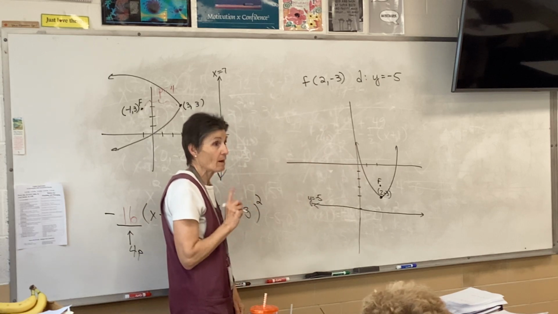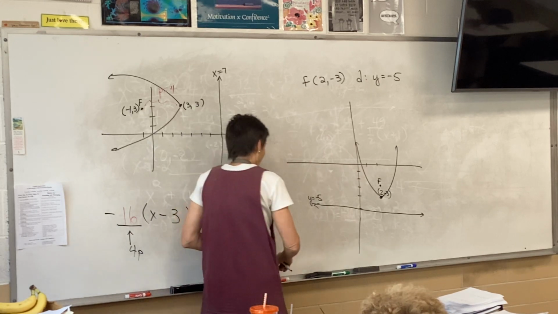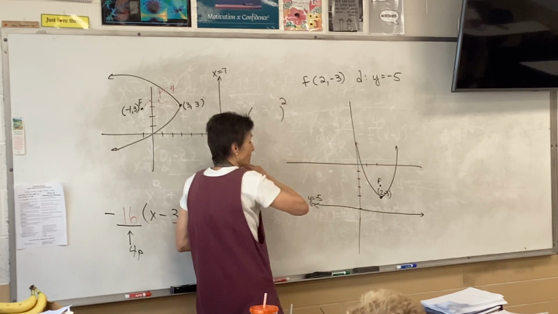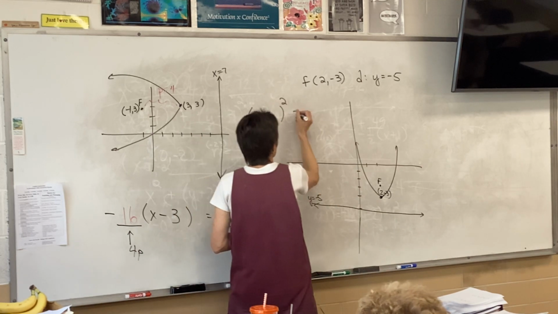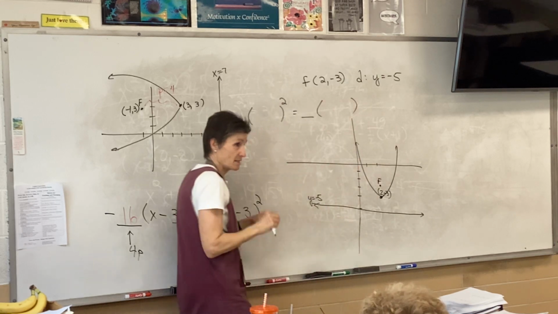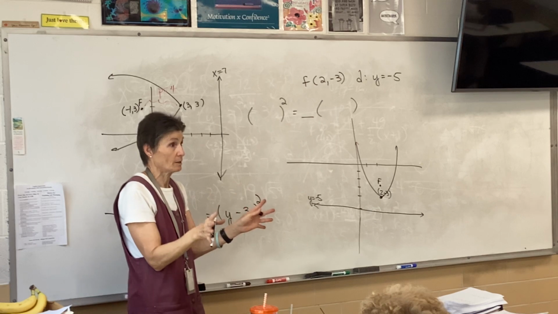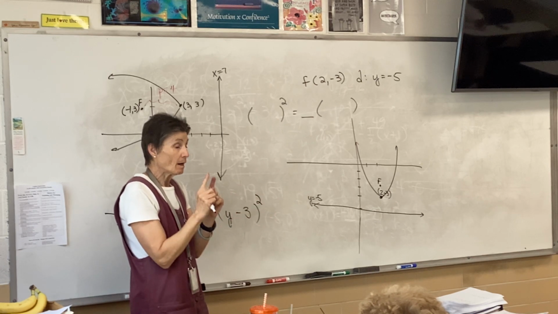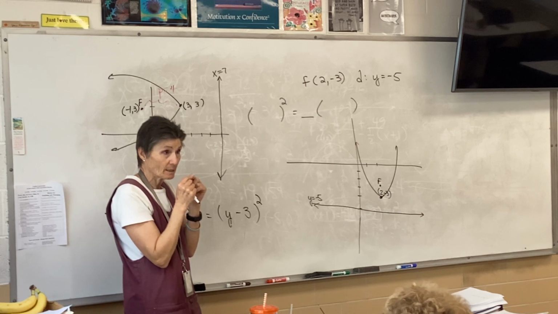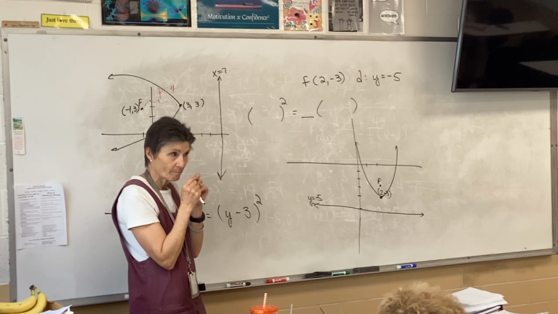We need to figure that out. Our equation will have one squared variable, some number, and a not squared variable. That's what parabola equations look like. Because it's opening up, which variable is the squared one?